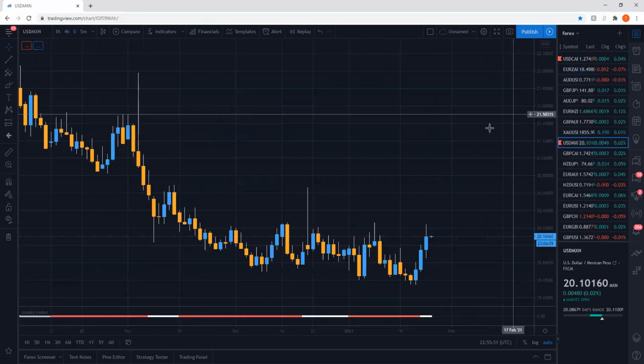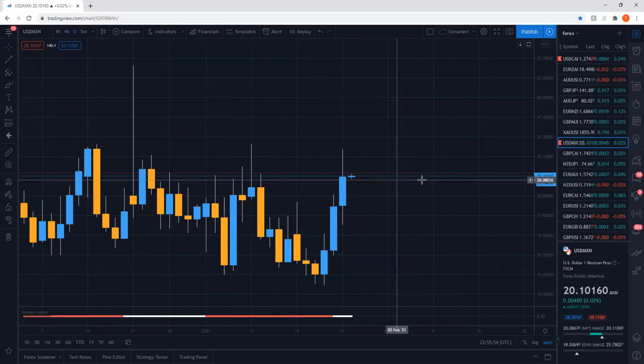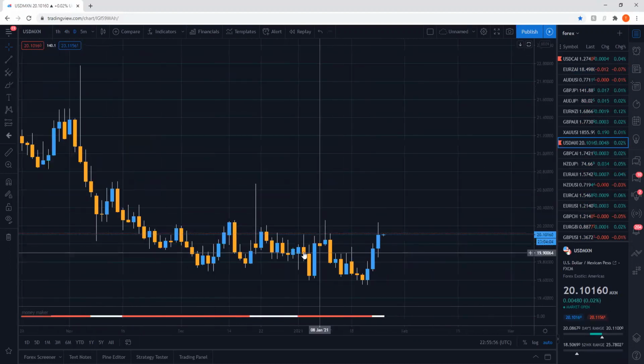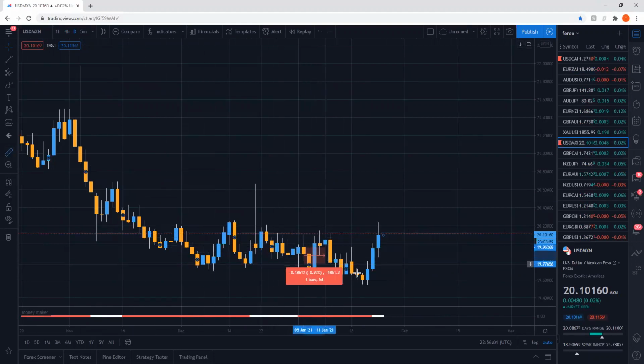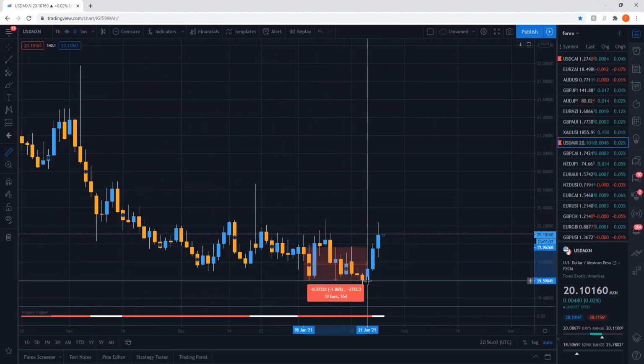For the USD MXN bearish close, you've seen that over the last week or so, it's been trading in a range.